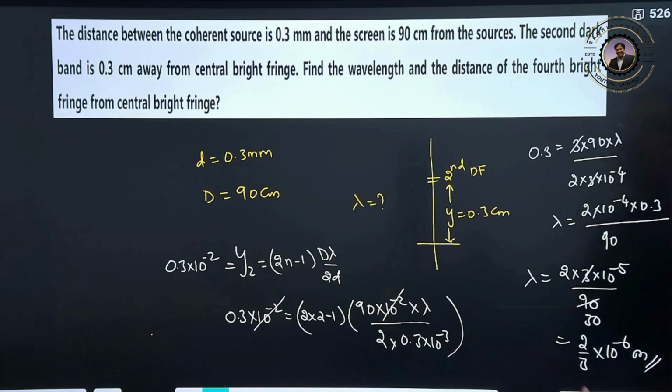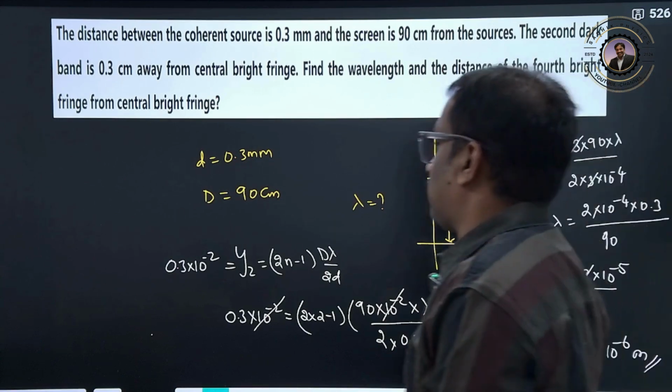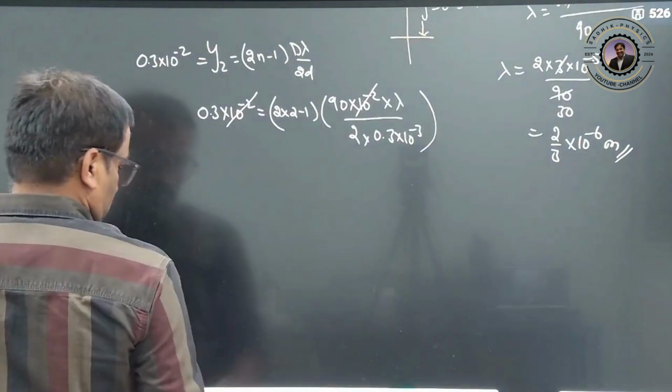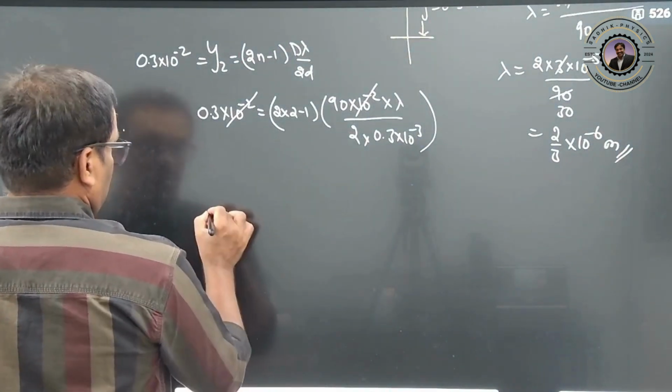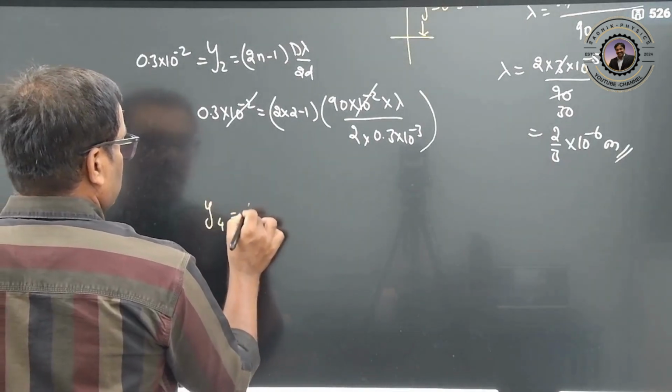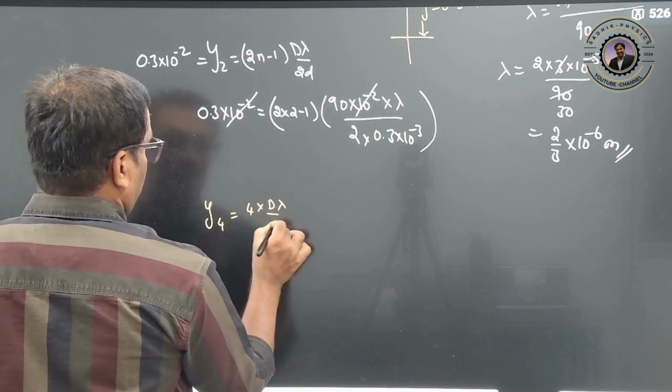Therefore, the distance of the fourth bright fringe from the central maxima is what is being asked. So for the fourth bright fringe, y4 is equal to 4 into D lambda by d.